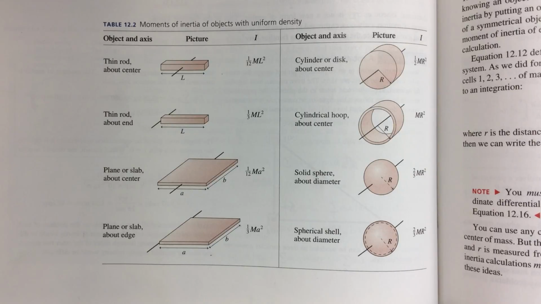This is mr squared, this is 2/5. I think maybe if you're thinking, well, this is more massive, then of course this is slower. Let me see if I can find something super light.